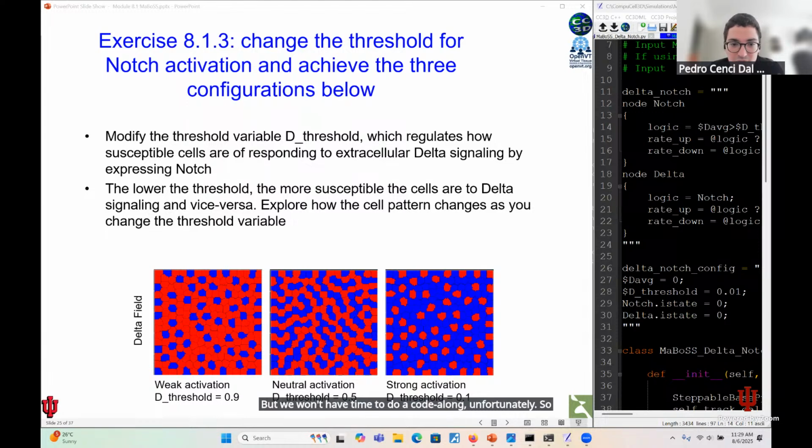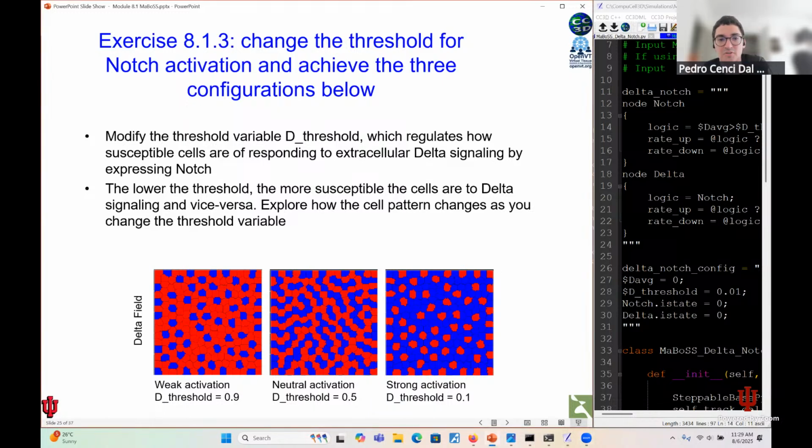So I encourage you to try the histogram plots as homework. The interesting thing with the histogram plots is that they make evident the differences between antimony and MaBoSS.